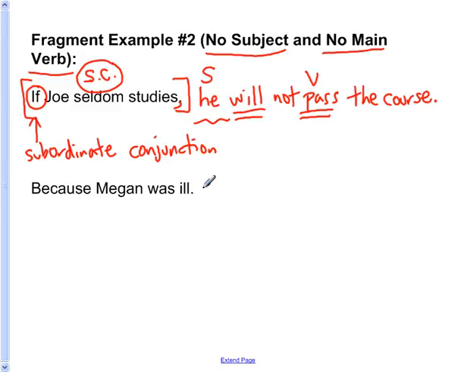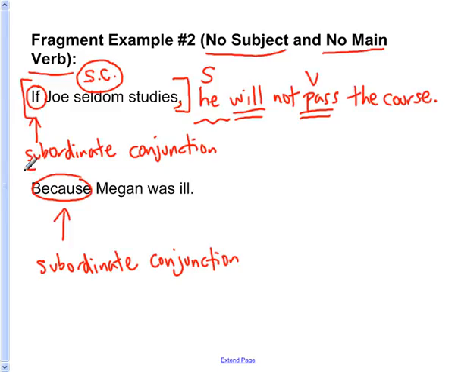Similarly, in the second sentence, because Megan was ill. Again, because is a subordinate conjunction, and it indicates that we have a subordinate clause. One of the rules we looked at in parts of a sentence was that when we see a subordinate conjunction, if you're wondering how large the subordinate clause is, keep going until you get to a punctuation mark, in this case, the period.